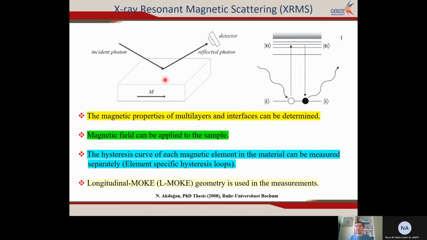If you have a multilayer system, let's consider here you have iron, here nickel, and here cobalt-iron-boron, a CoFeB alloy, for example. You can investigate the hysteresis loop of each layer separately. So you can carry out element-specific hysteresis loop measurements. This is a very nice property of this method.